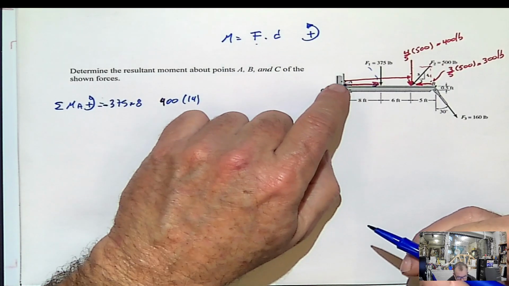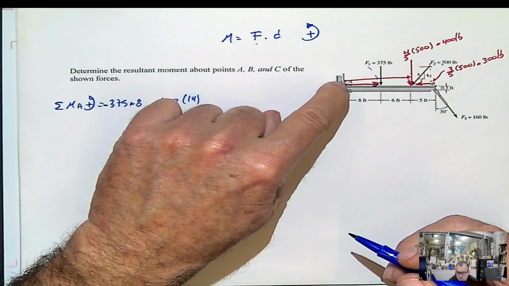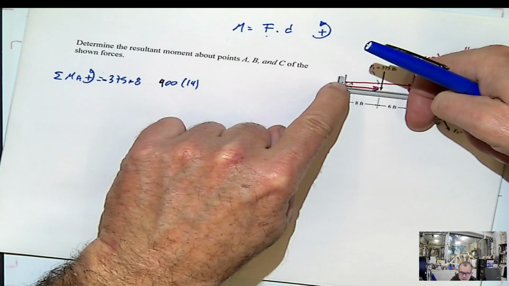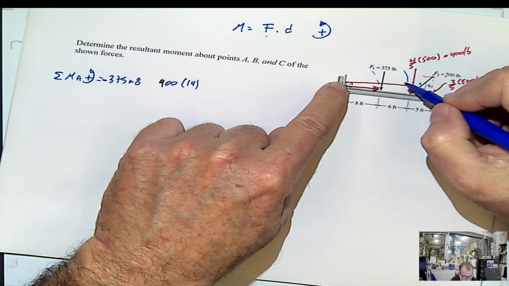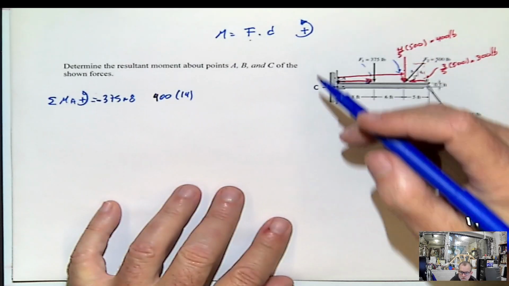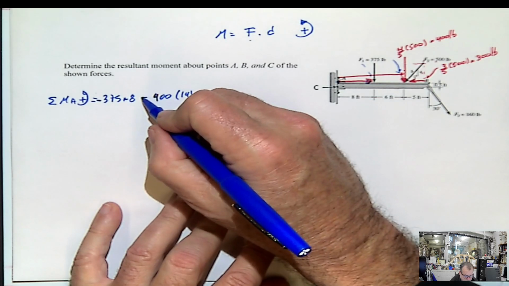And once again, you put your finger at the point that you want to study the moment and apply the force in the direction that it goes, in this direction. The rotation will be in this way, which according to this convention, that rotation will be negative as well.